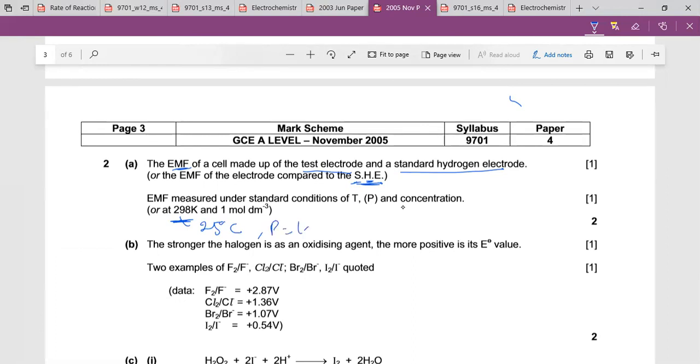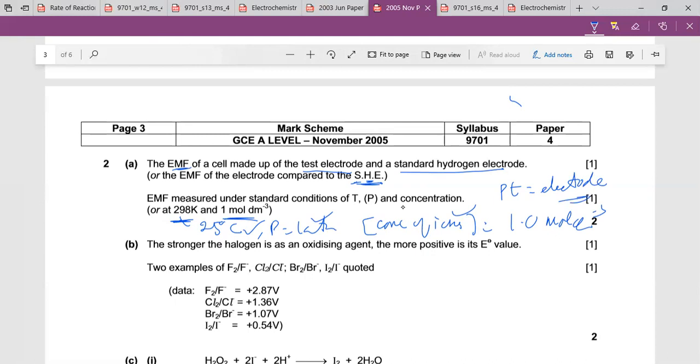Pressure equals 1 atmosphere, and the concentration of ions must be 1 molar. Three things: temperature, pressure, and concentration. Actually there is one more: if it is a solution or gas, you must have platinum as an electrode.